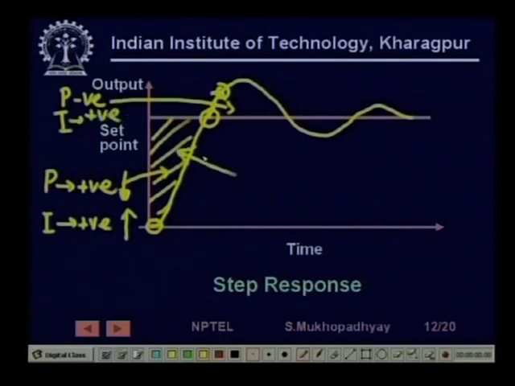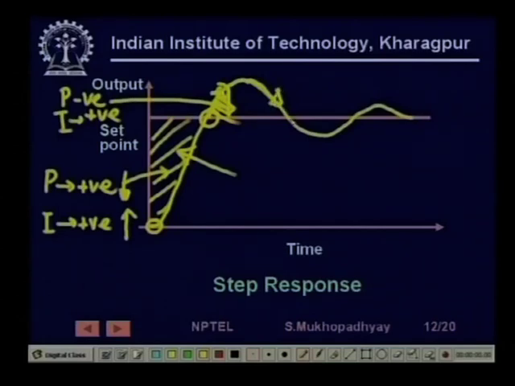This part of the integral is negative, but still there is a large positive integral, so the overall net output is maybe still positive. So it continues on this journey, but eventually this integral value reduces and the proportional controller value becomes negative enough. So the overall input turns negative and the plant turns to move.